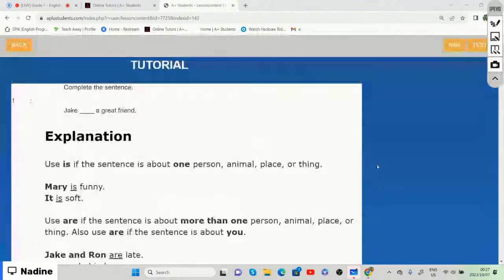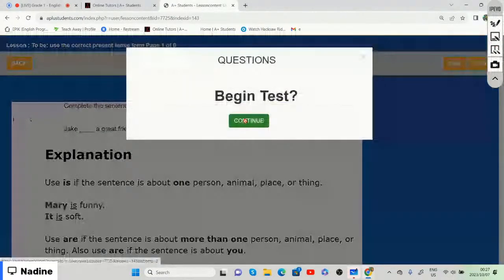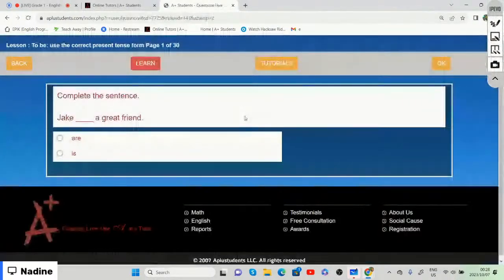All right, so now we're going on to our test, right? We're going to test ourselves to use the correct present tense form of to be. And we are going to complete the sentence by selecting the correct word. So do we say Jake are a great friend or Jake is a great friend? Jake, you are referring to him as just being one person.